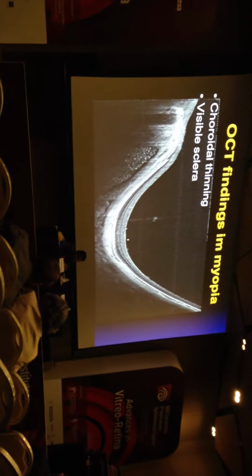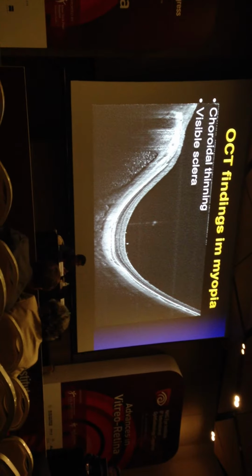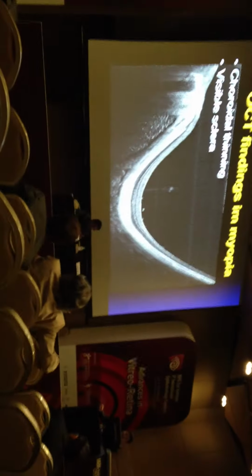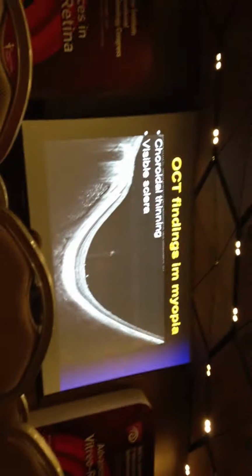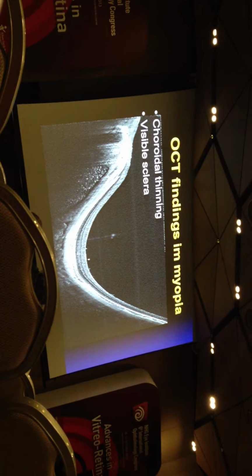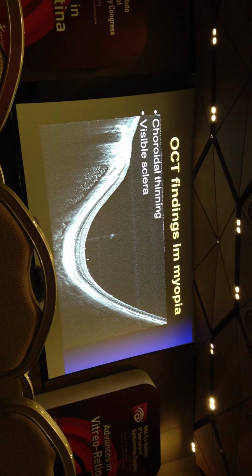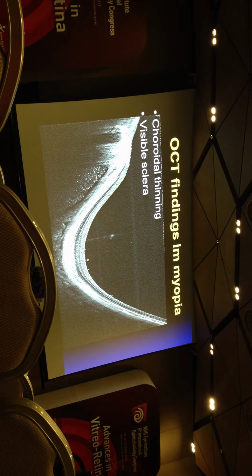This is an example of a patient, a very high myope, taking a single B scan through the retina. Whilst the retina is fairly intact, we can see that the choroid is very thin, so much so that we are actually able to visualize the underlying sclera, and this area is actually the orbital fat, so you can see all the way through to that, and that's very dramatic.